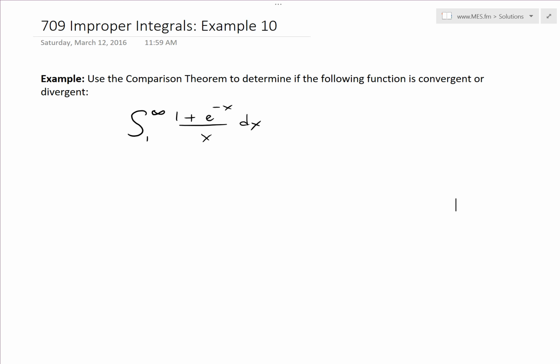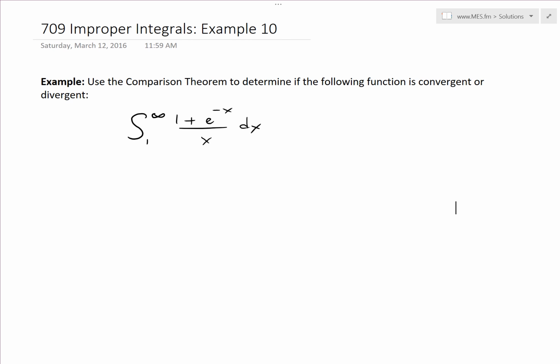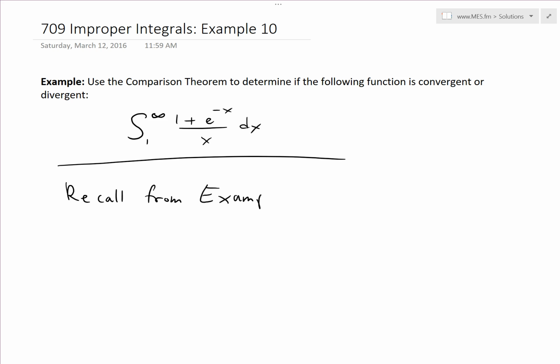So the comparison theorem here, the idea is to basically compare this integral with one that we are more familiar with, and in this case the one that's more familiar is basically the integral of just 1 divided by x. So this is, if we remove this e to the power negative x. Also, if we recall from example 1, which I covered in my earlier video, you can see a video link below for that.